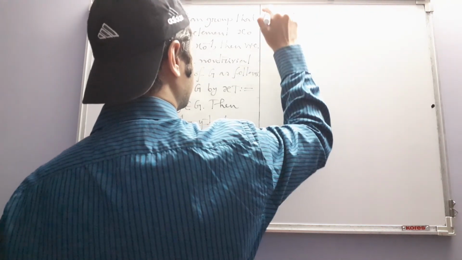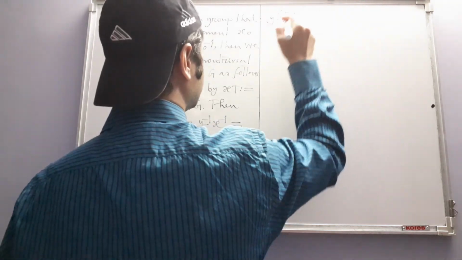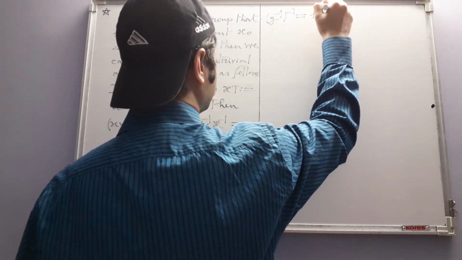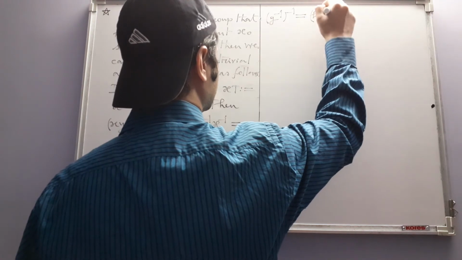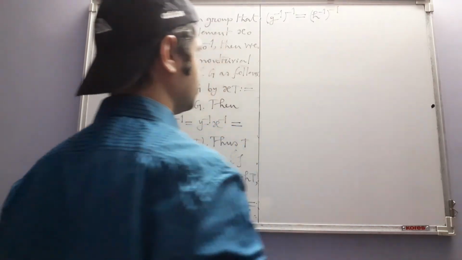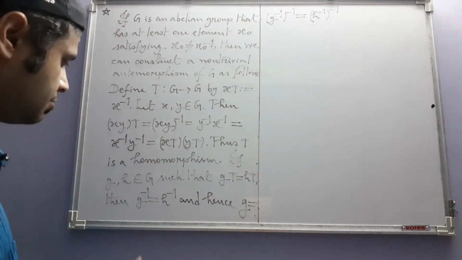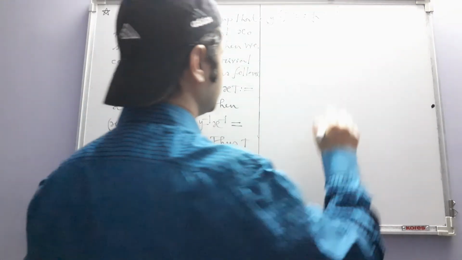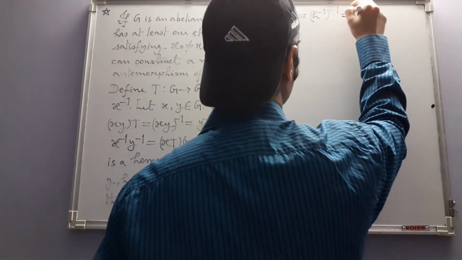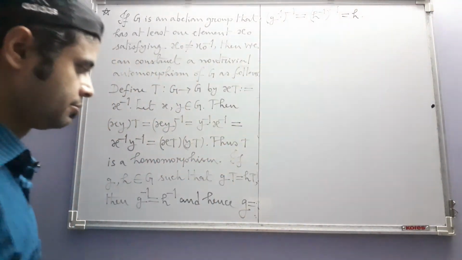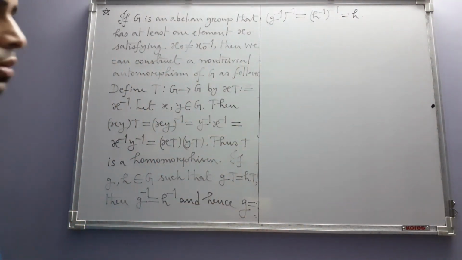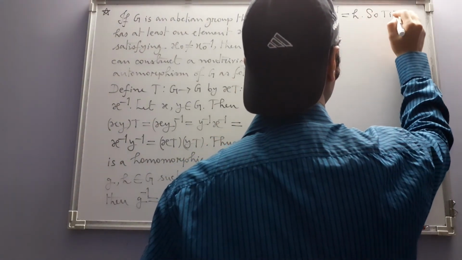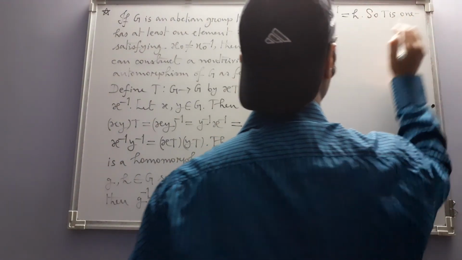This also we know from that elementary lemma that we got in the beginning in group theory. But that is equal to the inverse of the inverse of h, because these two elements are equal, so their inverses are also equal, and this again is equal to h. So g and h have to be equal. So T is 1 to 1.